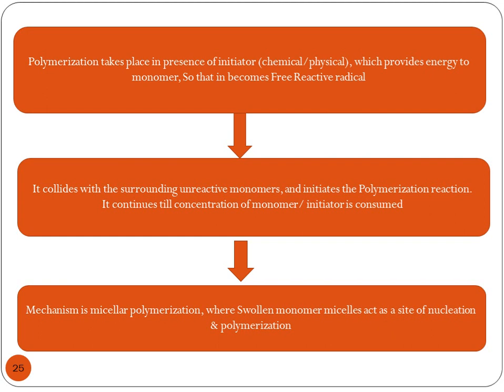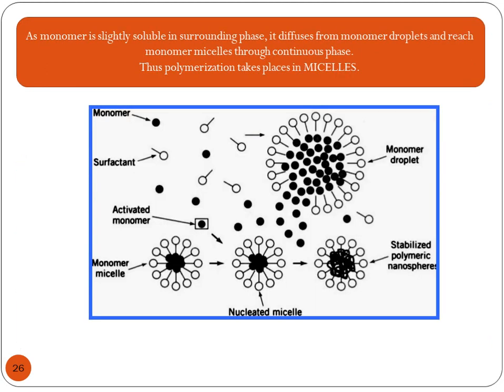The mechanism is micellar polymerization, where swollen monomer micelles act as the site of nucleation and polymerization. As the monomer is slightly soluble in the surrounding phase, it diffuses from monomer droplets and reaches the monomer micelles through the continuous phase, and thus polymerization takes place in the micelles. As we can see, these are the monomer units.